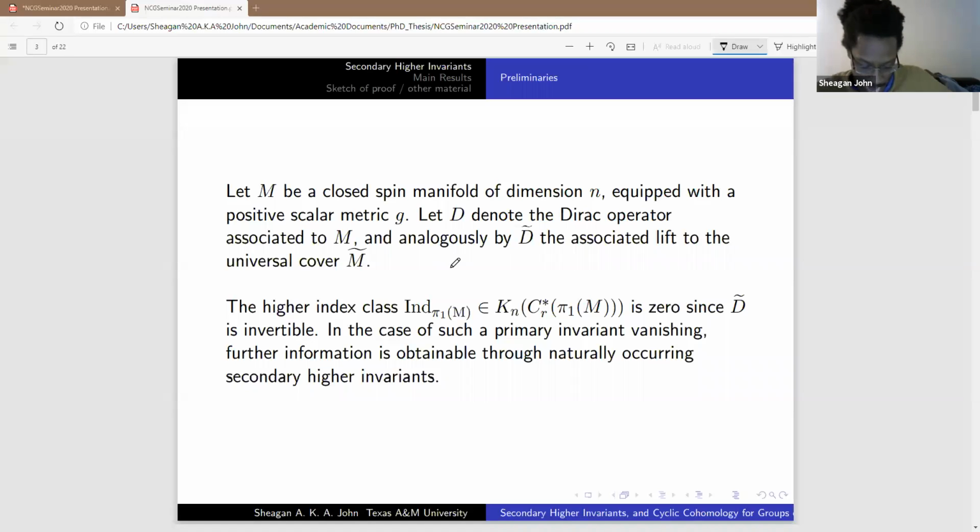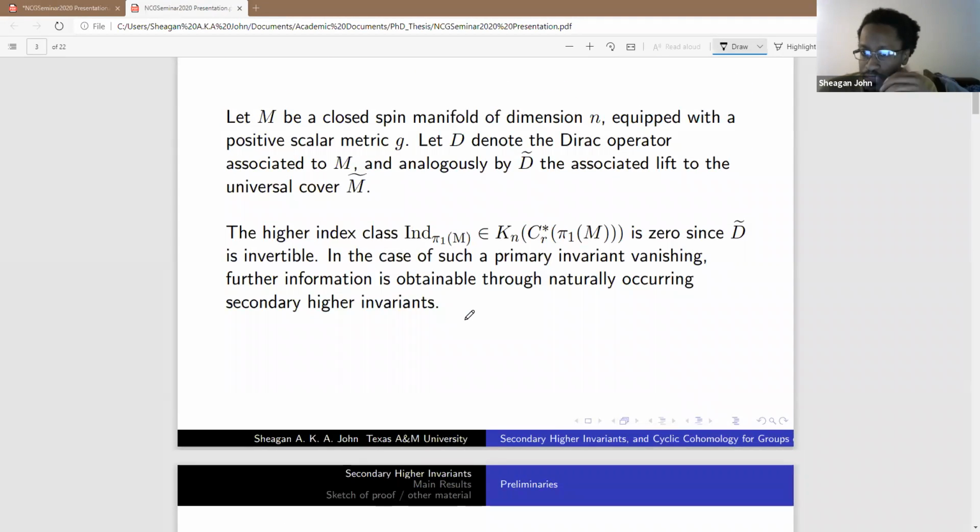So I want to take a look at 2 of these secondary higher invariants and speak about how we can connect them at some level, and also how we can compute them, as computation of these secondary higher invariants tends to be somewhat of a difficult problem.